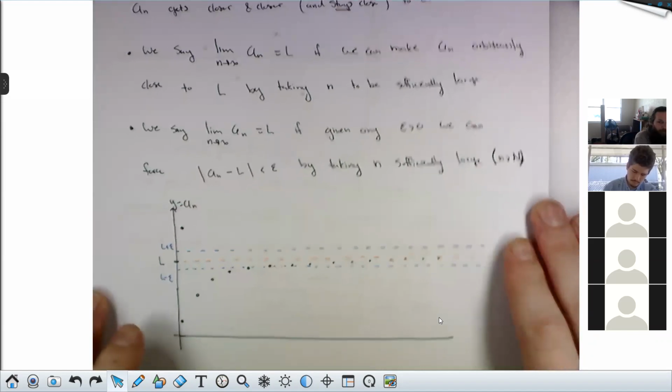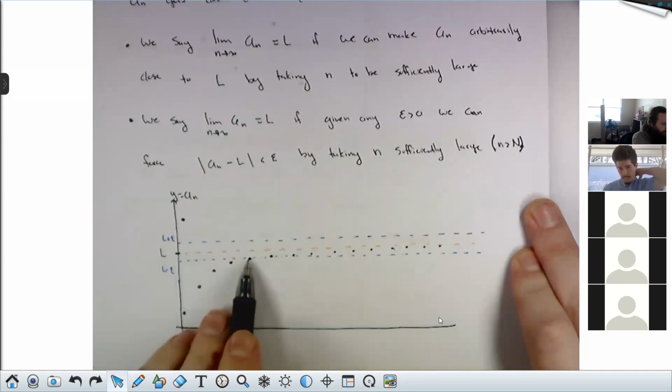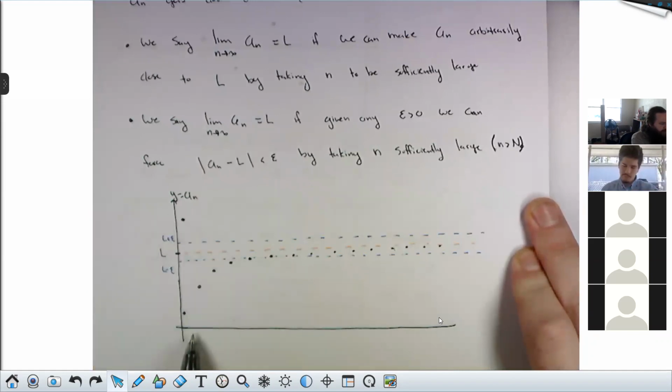Here would be the capital N, right? If you look before this point, this guy and all the others are outside the epsilon window.